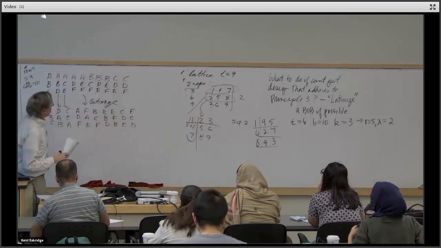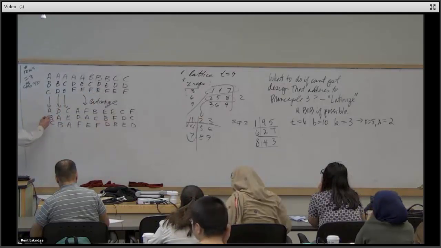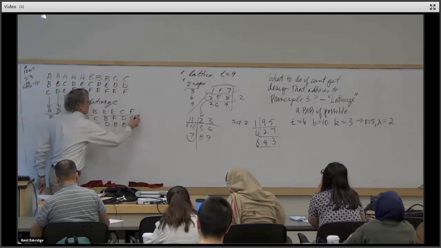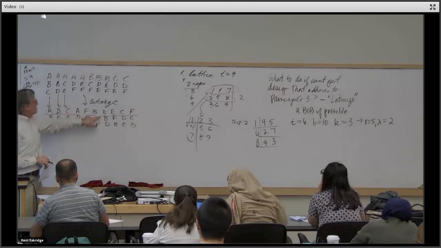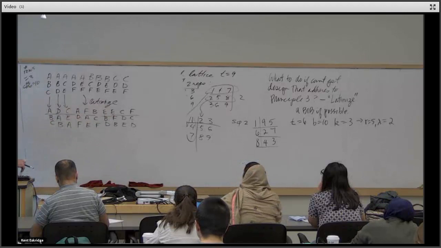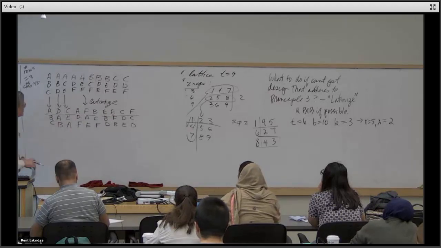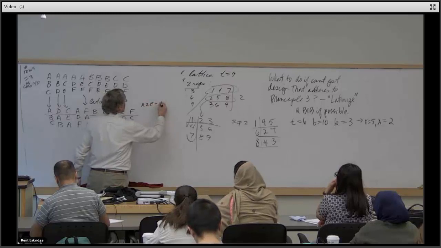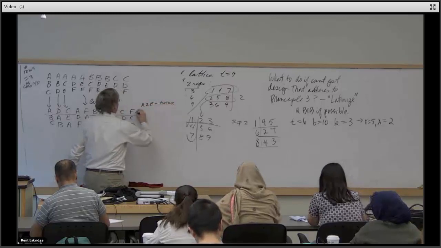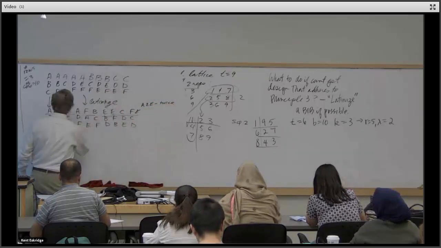All right. Now, let's look at each row. How many times does A show up? A shows up twice. How many times does E show up? Twice. Well, the rest of them show up once. Right? So it's balanced in that sense. So here, A and E twice in that row, right? What about in this one?